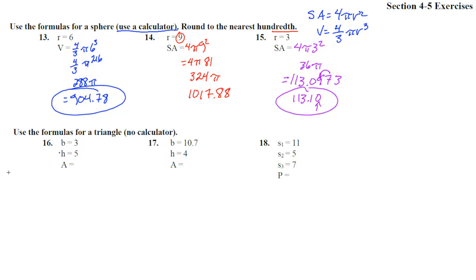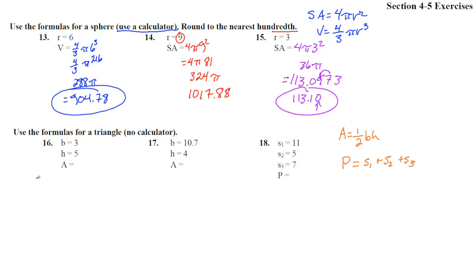Okay, good. All right, the next one, use the formulas for a triangle. Now remember, there are some formulas here. For a triangle, out of the book, area is 1/2 base times height, and the perimeter is going to be all the sides added together, and there's no special thing. You have side 1 plus side 2 plus side 3. That's all we got.